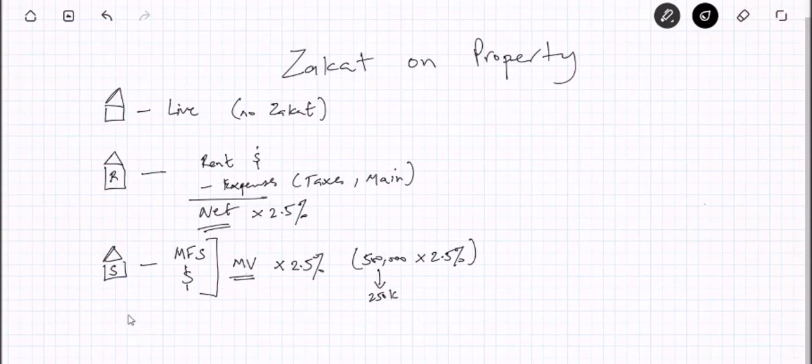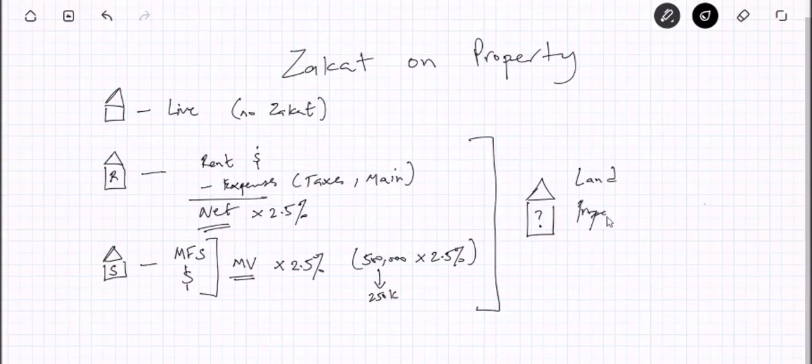Now there's another scenario as well, which could be for either one of these. The scenario is that you're not sure. A lot of times people purchase land, it could even be a property. You have purchased it, and now you're not sure what you're going to do with it. You either have unclear intentions or changing intentions.